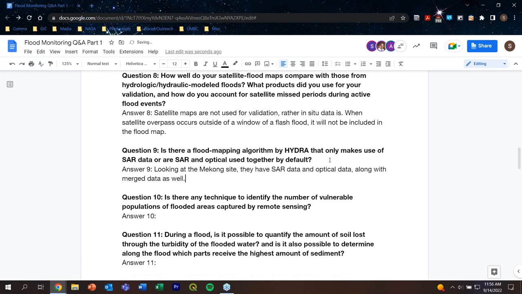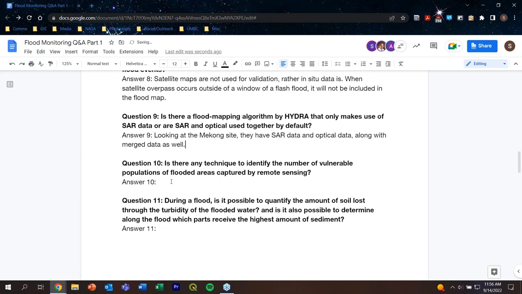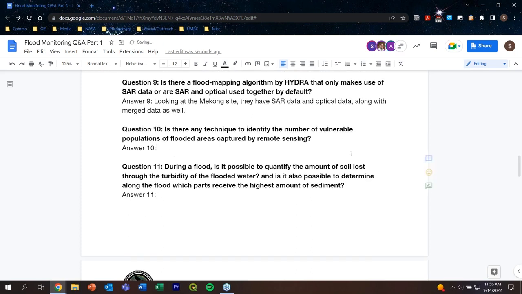Question 10: is there any technique to identify the number of vulnerable population of flooded areas captured by remote sensing? So there is NASA CDAC, which has population density maps. If you look at that together with the flood map and low-lying areas from terrain, you can identify vulnerable population based on that.